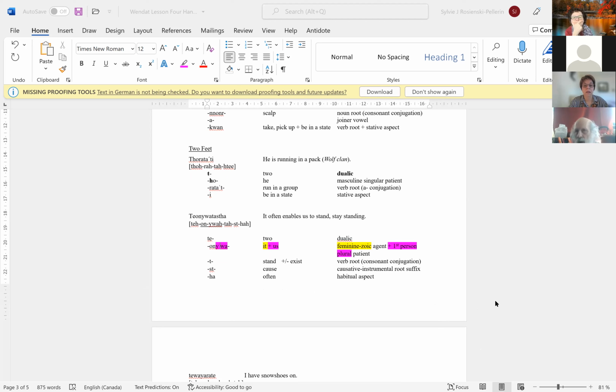It's telling you, okay, this is patient, and there's more than one. So it has two parts in that way. Ayuwa, okay, it's patient, it's agent, and it's plural, although the agent doesn't distinguish between dual and plural in that. Okay.